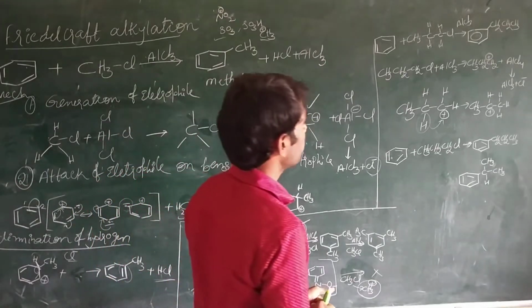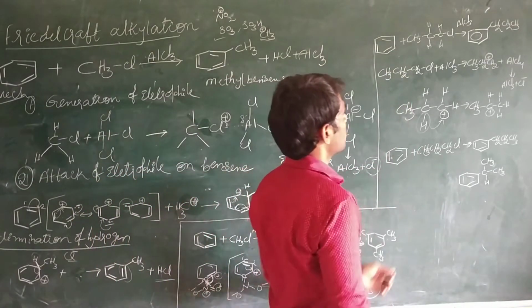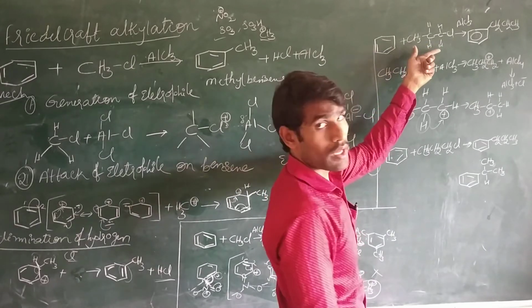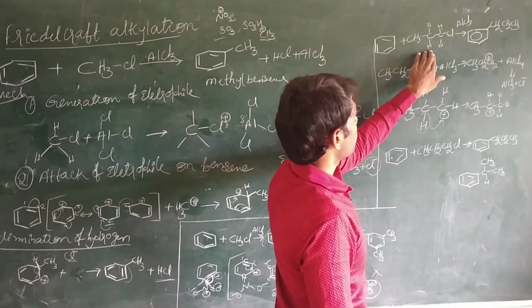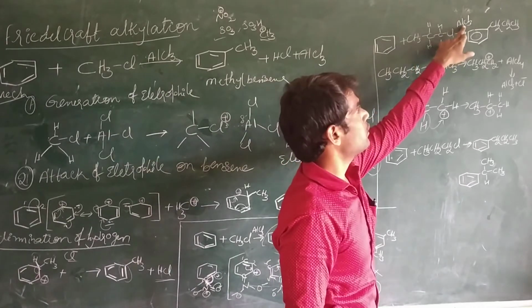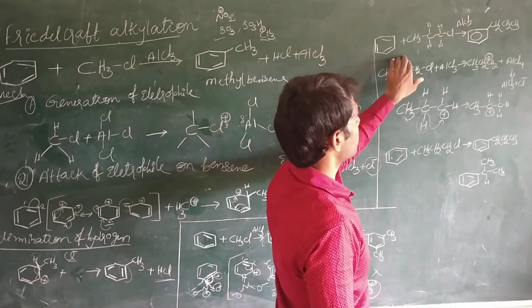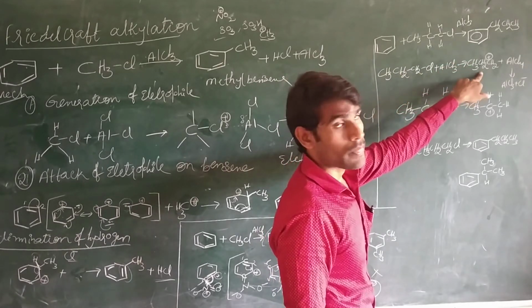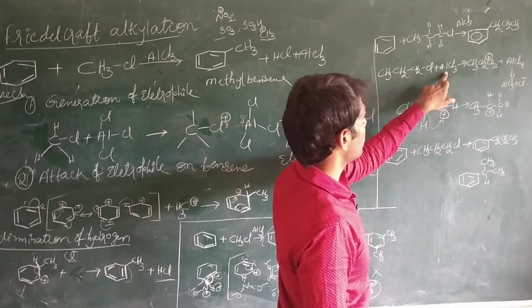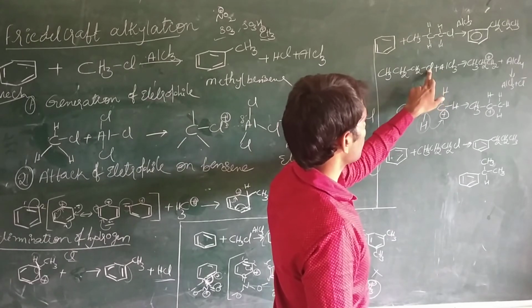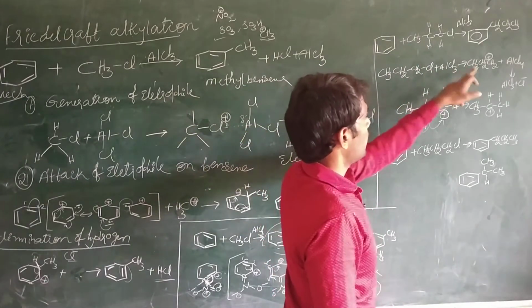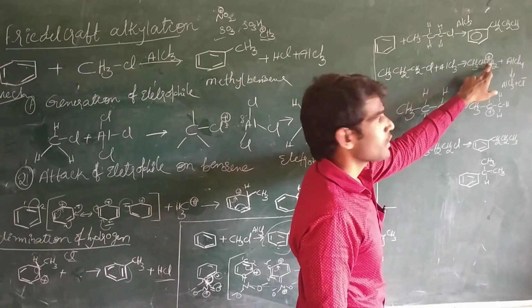So next, one more limitation is when benzene is undergoing alkylation with propyl chloride. When this propyl chloride reacts with the aluminum chloride, we are getting the propyl cation. The chlorine reacts with the aluminum, same as we discussed here, and formation of the cation takes place.